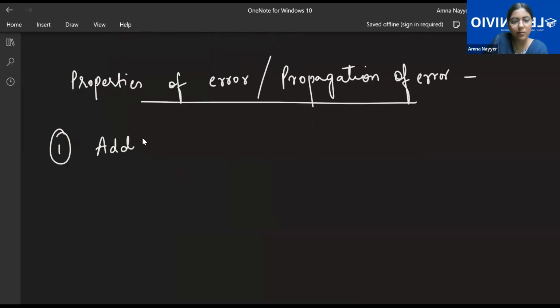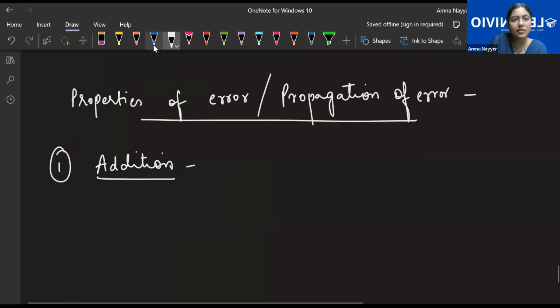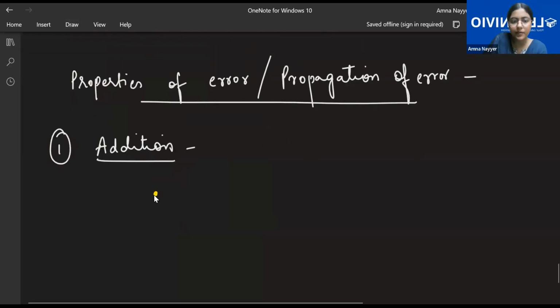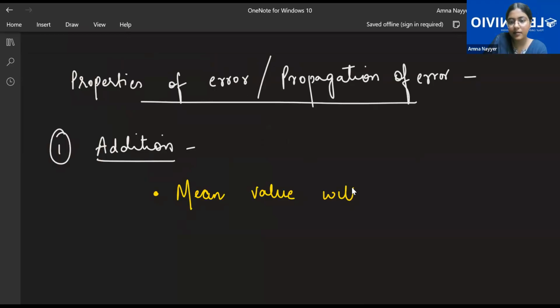So first, let me talk about addition. See, in addition, just remember 2 points. Mean value will be added and the error will also be added.